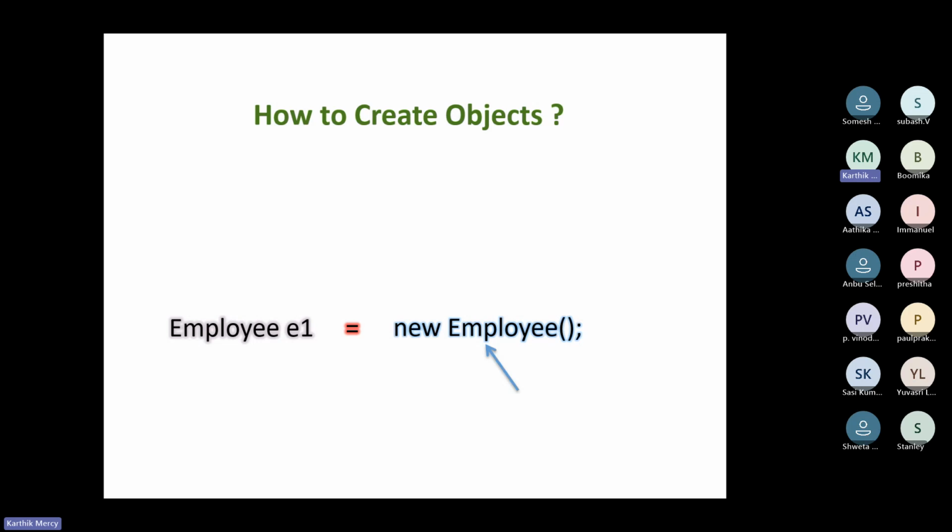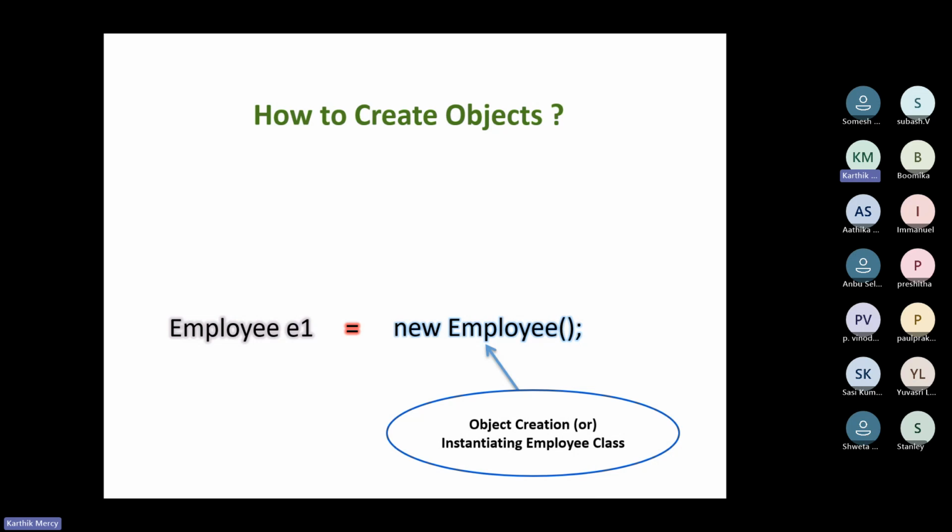That piece of code is responsible for object creation, or instantiating the Employee class. So we have introduced a new term: instantiating the Employee class, or in other words, creating an object for the employee.